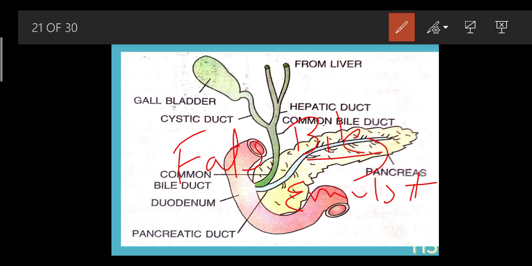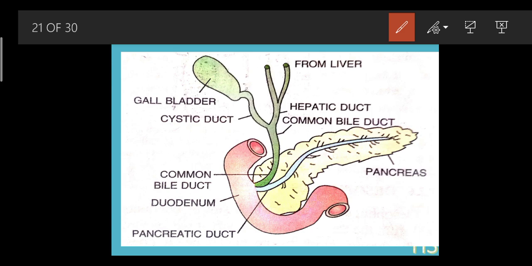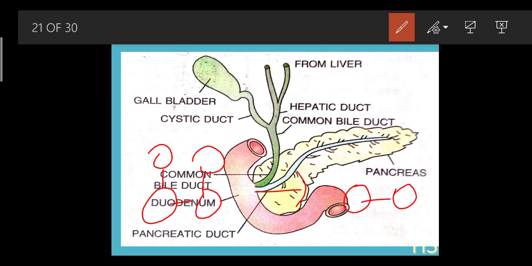Emulsified means breakdown. The fats have been broken down into smaller parts, not the smallest. This is a fat molecule, suppose, which is very complex, and now it got broken down. So definitely it has more chance to get broken down further, so that it is easily digestible.